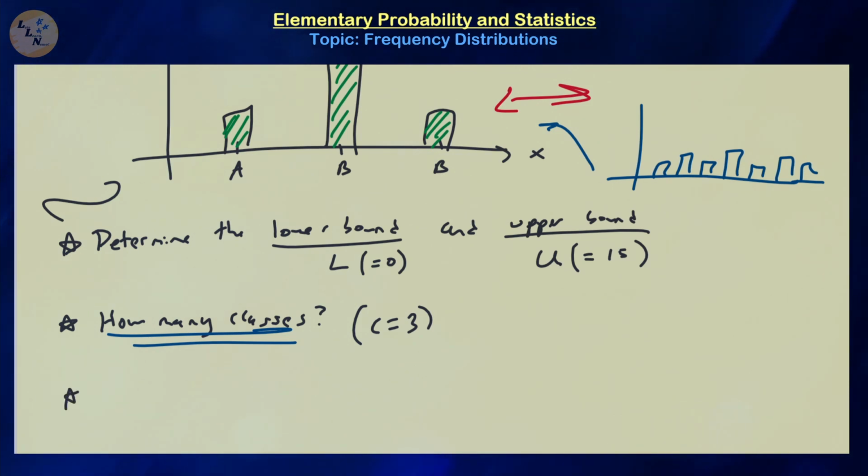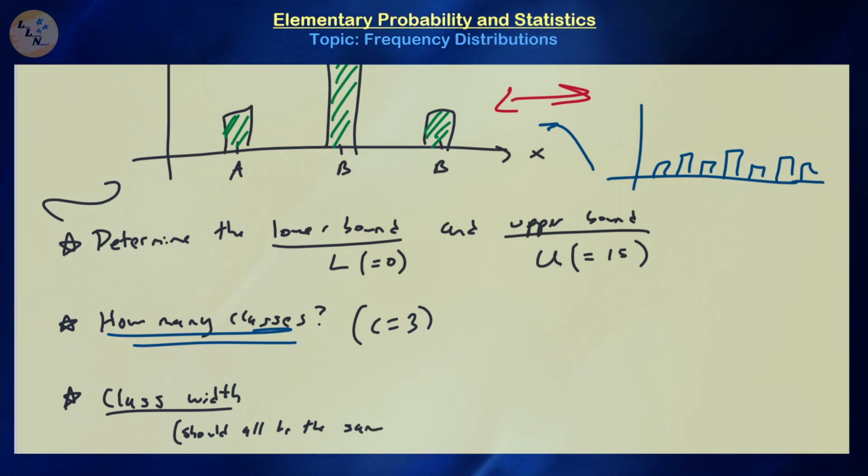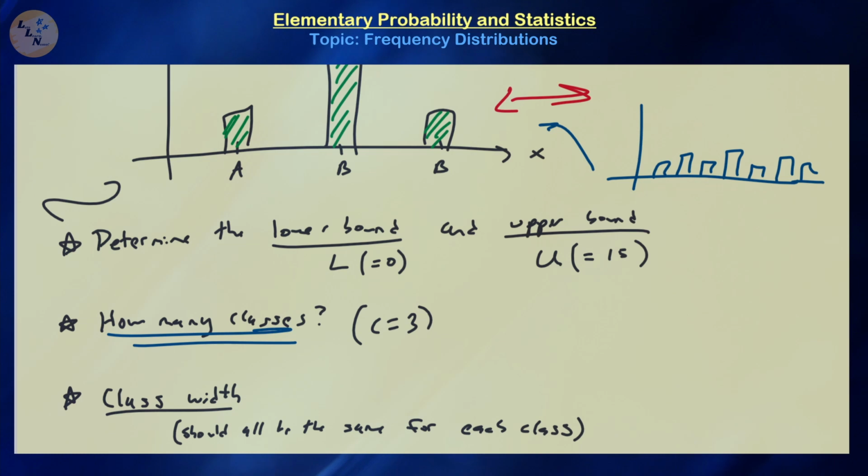And then once you decide your classes, you need to define your class width. Class width typically should all be the same for each class. There are special circumstances where you may want your class width to be a little bit different.